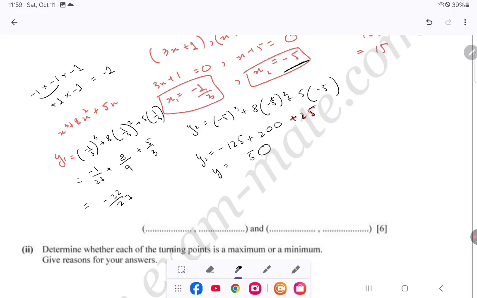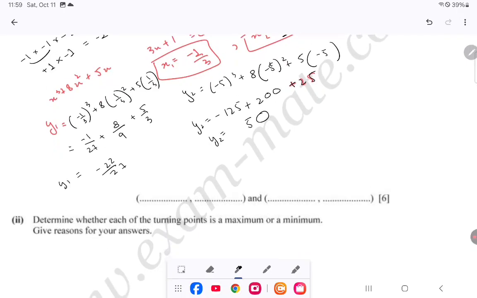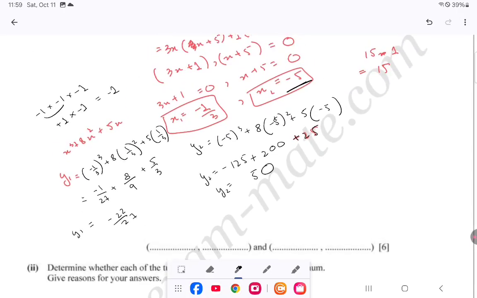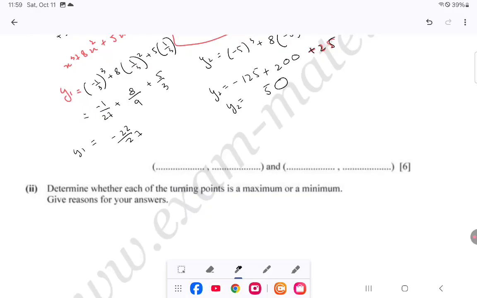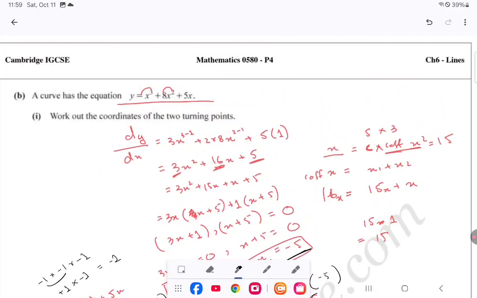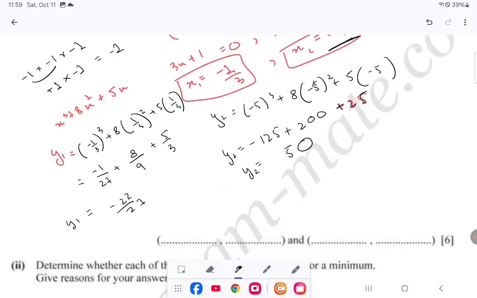So y2 is 50, y1 is negative 22 over 27. Now we have to find the coordinates of the two turning points.